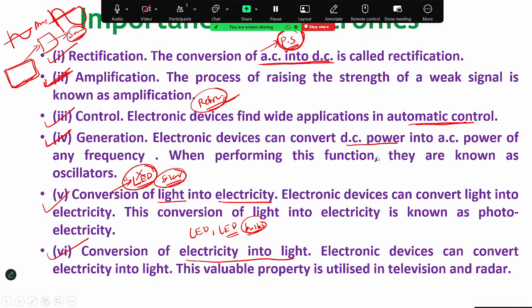Okay. So this is about the importance of electronics in our day-to-day life. From day one onwards, you are using electronics. When you wake up, what do you see? Anyone tell me? Clock. You are seeing the clock.